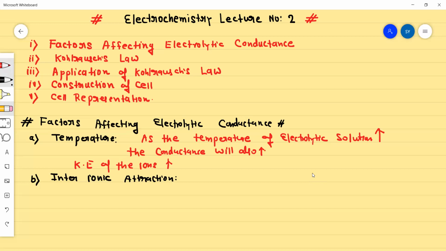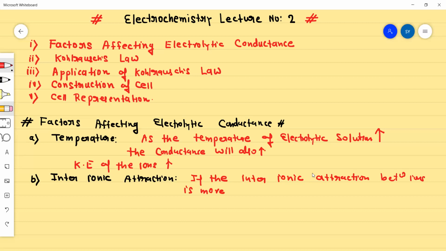The attraction between the two ions, the positive and the negative, is called interionic attraction. If the interionic attraction between ions is more, the conductance will be less.